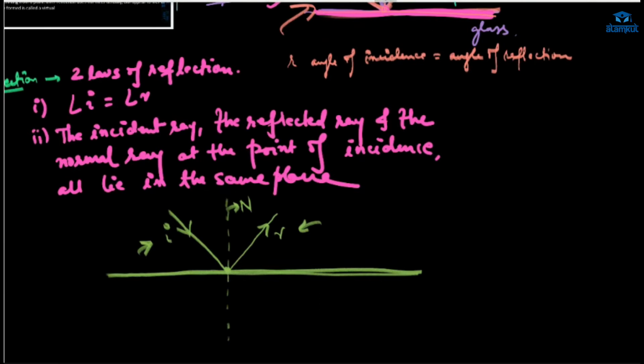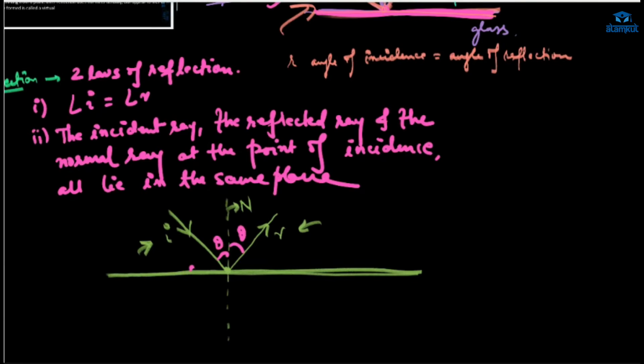And the first law was that the angle of incidence is always equal to the angle of reflection. Always take the angle of incidence and angle of reflection with the normal, not with the surface. So don't get confused about where to take the angle from.